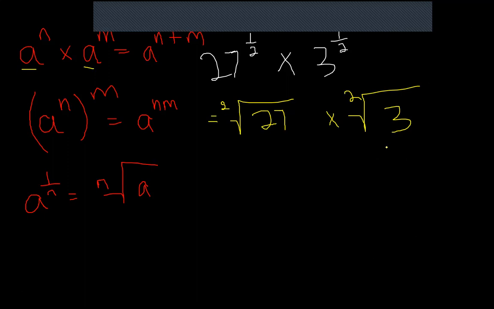Well, what I did was I multiplied the 2s because I just saw it there instead of just multiplying the 27 and the 3. Ah, so yeah. Like I told you before, this raised to the power of 2, if I had 2 raised to the power of this, you see this little 2 here? That's the same as just saying the square root of 2, right?